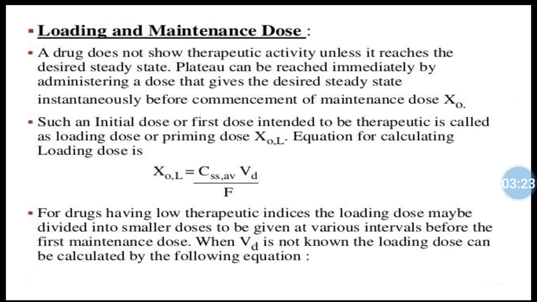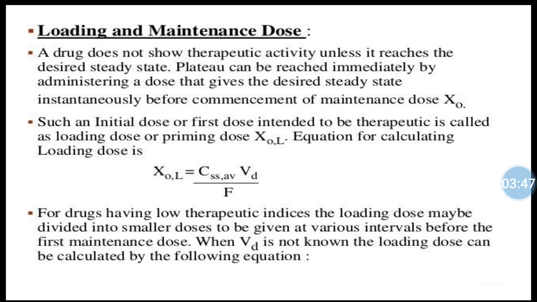So a loading dose is the dose which is in the conventional form, which is not following slow release. A dose will be released immediately and then it will shoot up to the steady state concentration, and thereafter the maintenance dose will take over to have prolonged action.